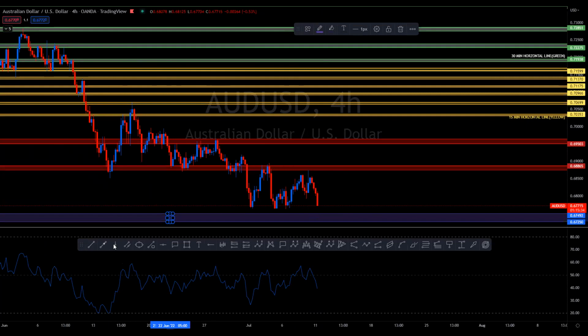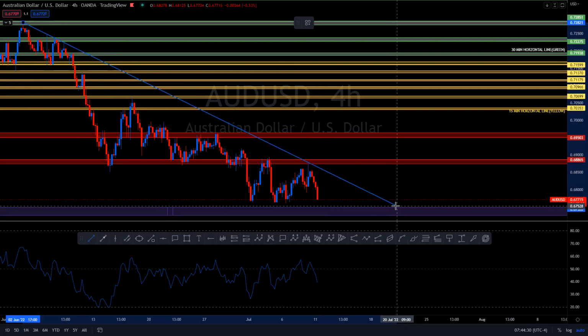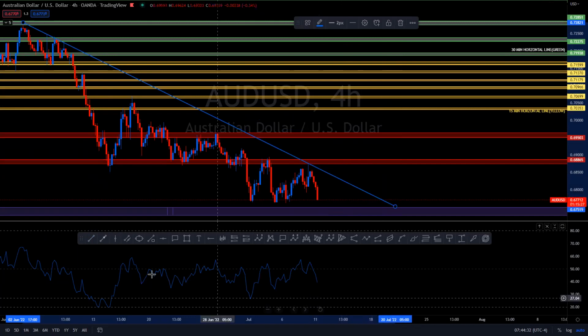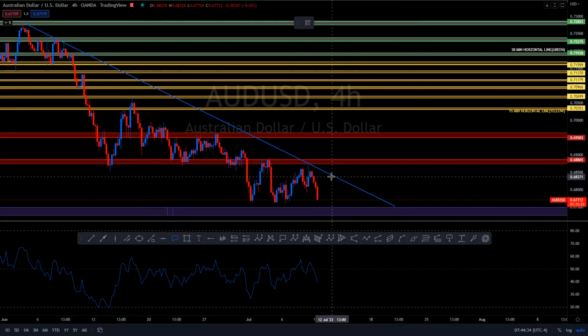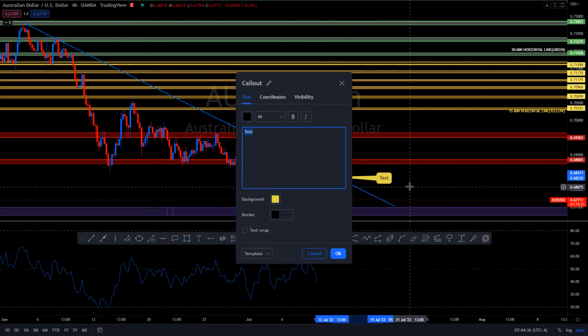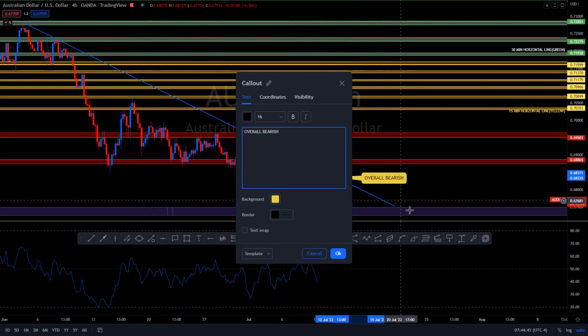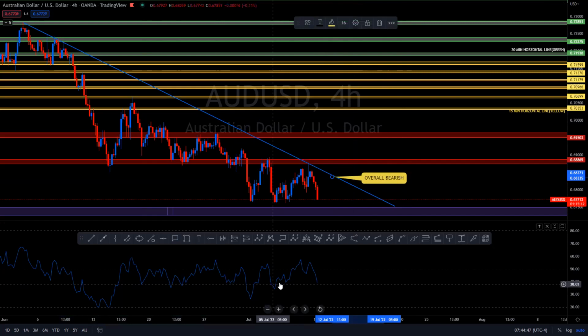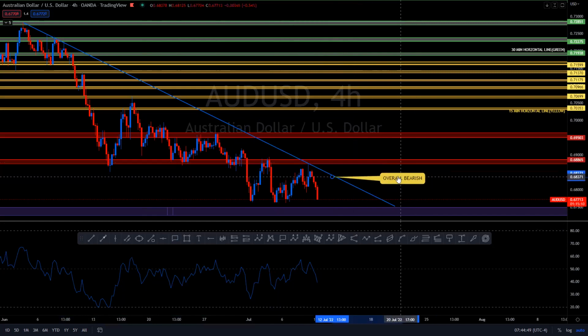So it's safe to say that price is overall bearish, okay? So then what I'm going to do is put a note here that's going to say overall bearish. Right, so that's what we're going to do. Probably just push it over here.